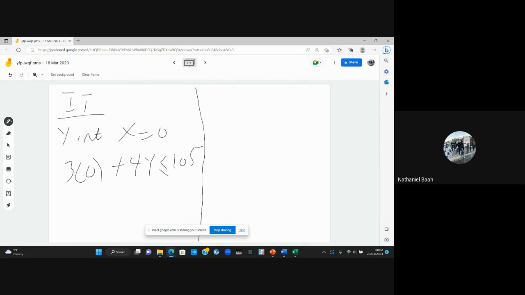So we are going to get 4y should be less than or equal to 105. Divide by 4. This one cancels off the 4, and this one should give us 26.25. So let me wipe it so that I create a space.